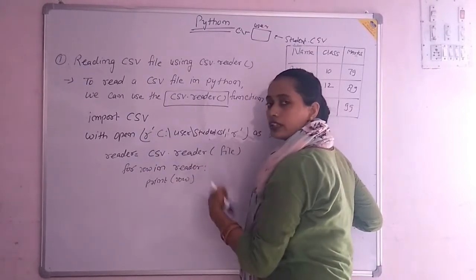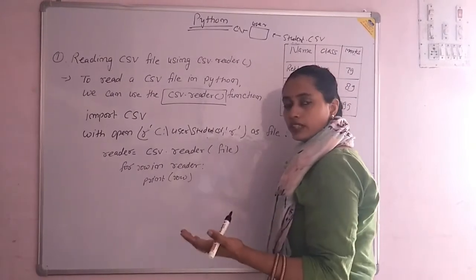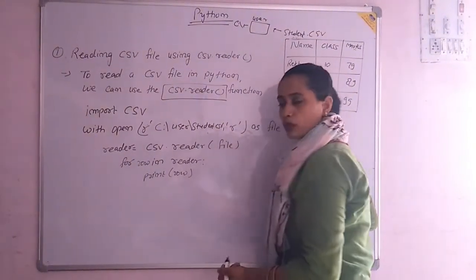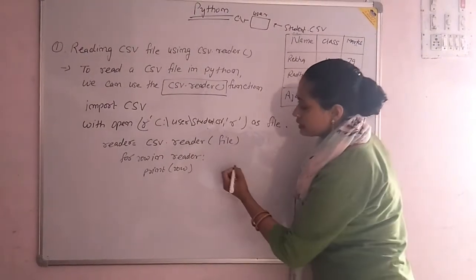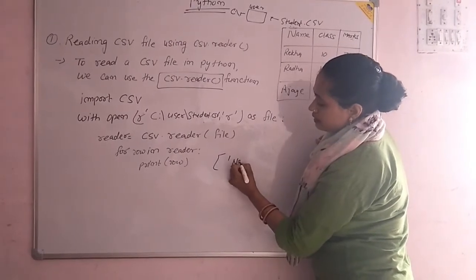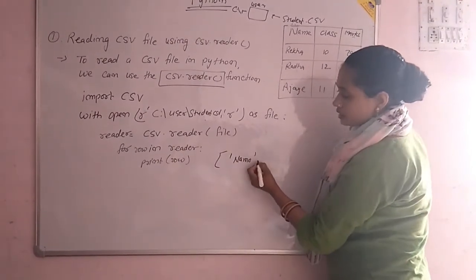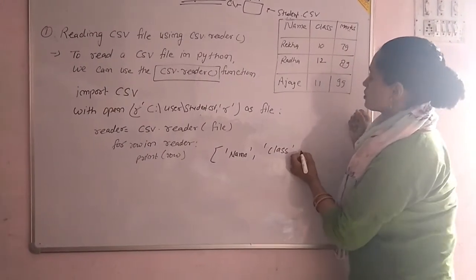It will access all the data continuously when we run this command, and it will return it in the form of a list. We get the result in the format of a list, and the result will be shown like this.